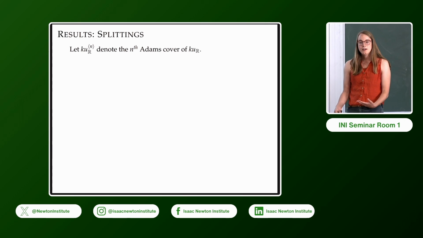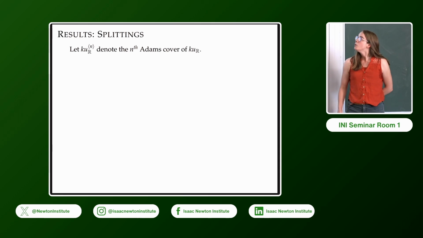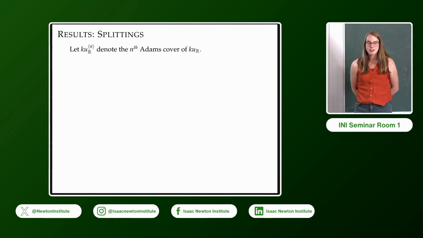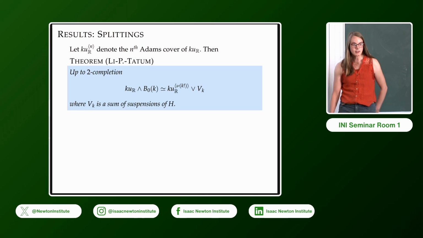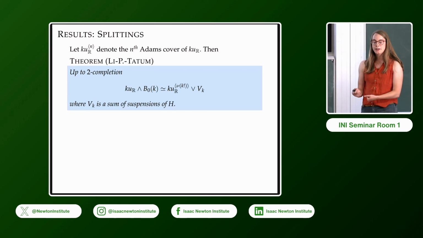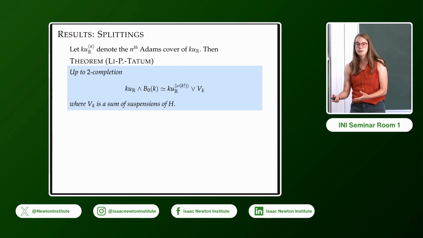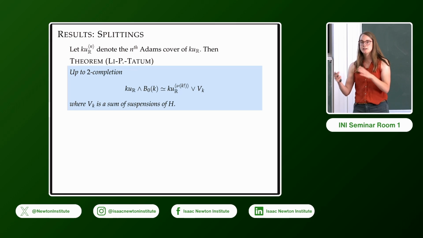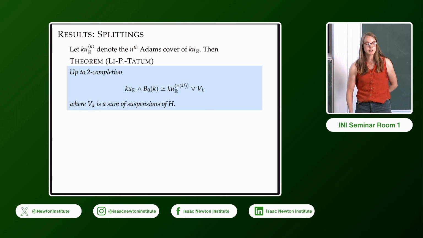So there are also a few other ways that we can present this splitting. One is in terms of Adams covers. If we let KUR upper brackets n denote the nth Adams cover of KUR, then up to 2-completion, smashing KUR with the kth integral Brown-Gettler spectrum can be decomposed into the Adams cover, summed with a part that is just suspensions of the Eilenberg-MacLane spectrum.